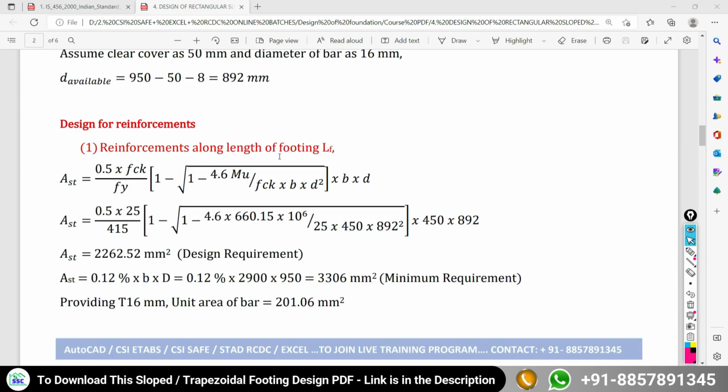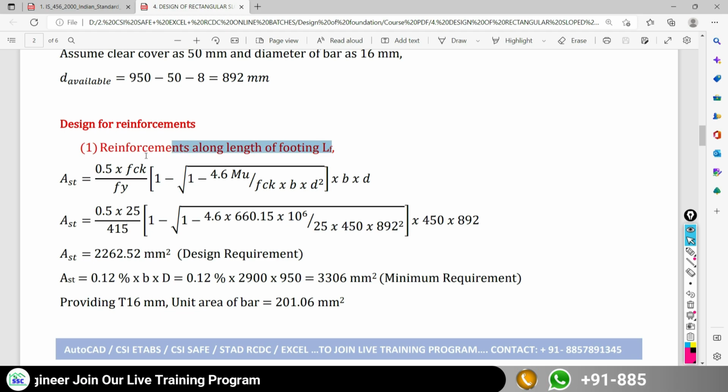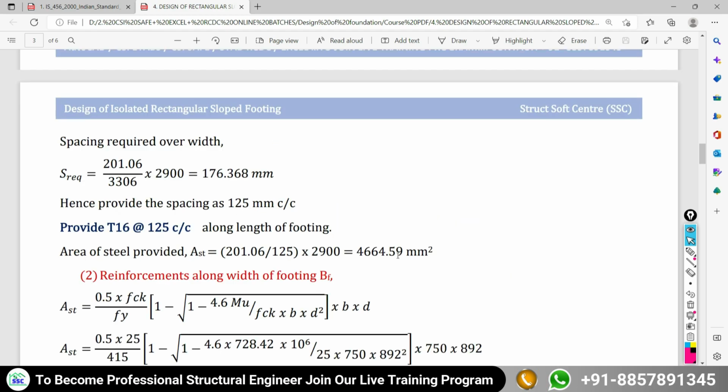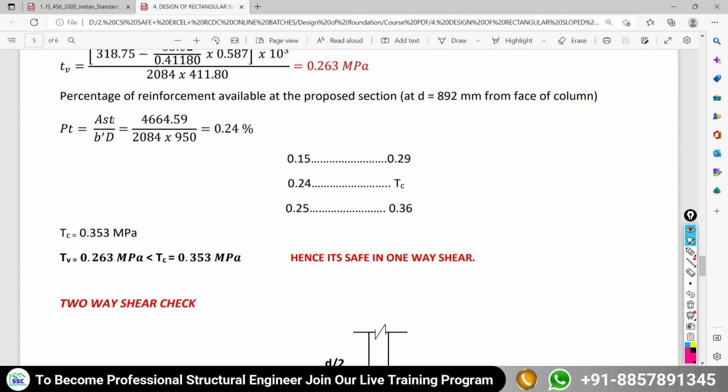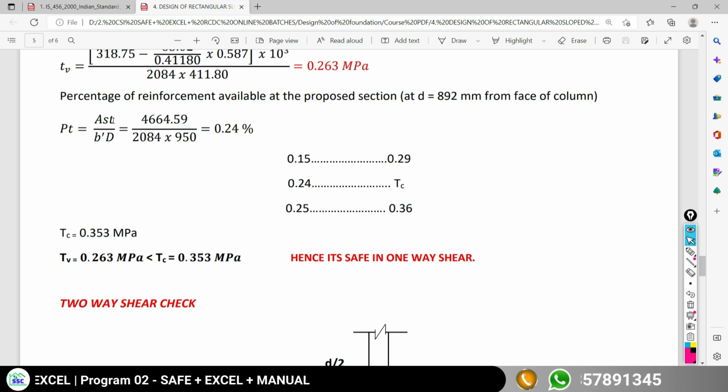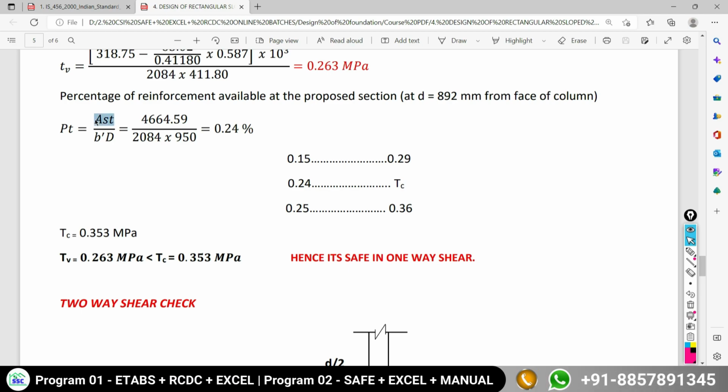So just go back to the calculation of the area of reinforcement and find out how much area of reinforcement is provided along the length of the footing. Along the length of the footing we have provided the total area of reinforcement as 4664.59.